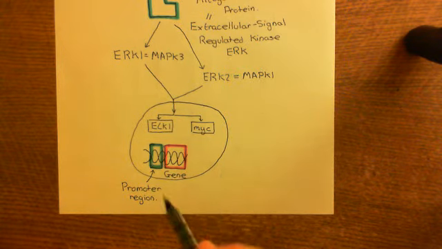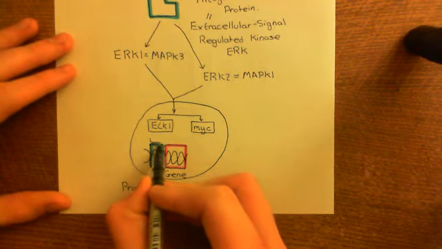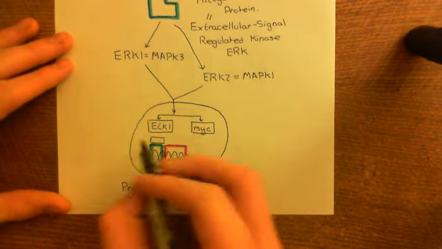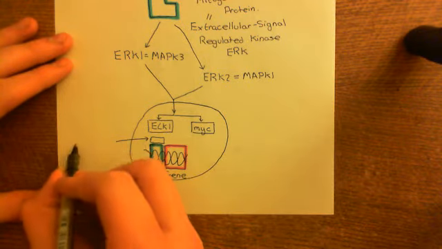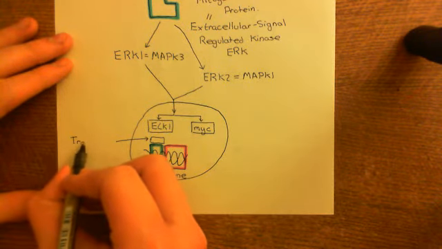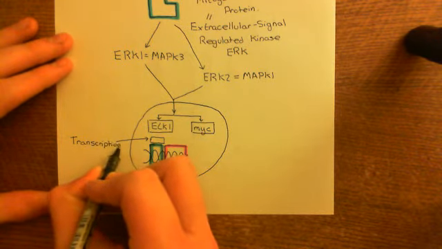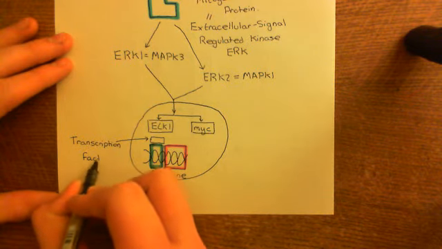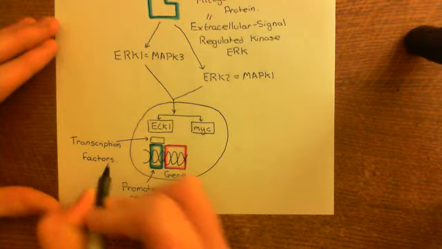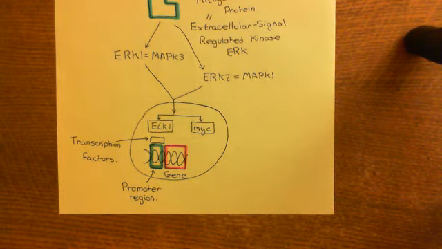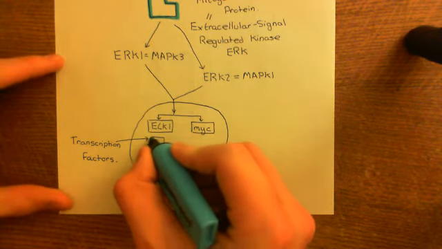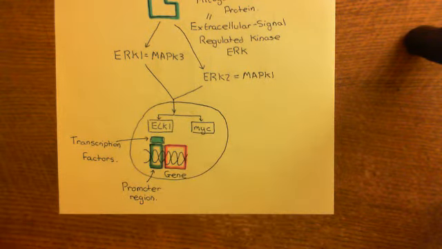Now, a transcription factor is something that comes and binds to the promoter region. So here is our transcription factor, and the transcription factor will alter the affinity of the promoter region for binding RNA polymerase. You can have transcription factors which will enhance the transcription of the gene, i.e. they will increase the affinity of this promoter region for the RNA polymerase, and therefore increase the amount that the RNA polymerase binds to the promoter region, and therefore increase the amount of mRNA you produce, and therefore the amount of protein you produce.